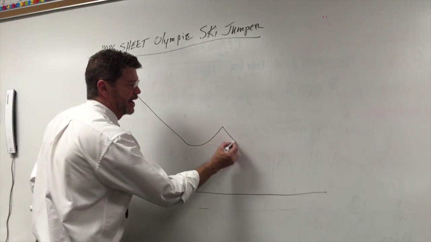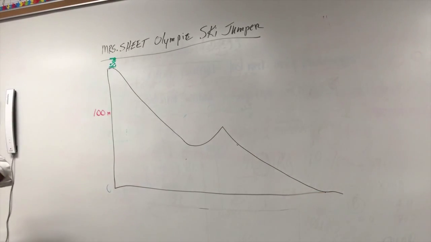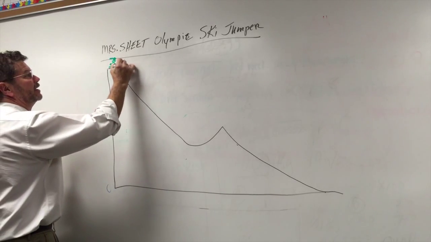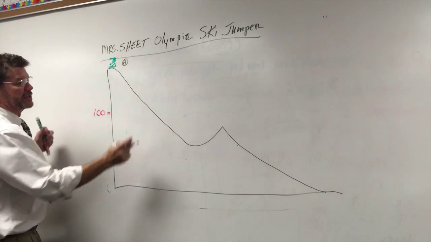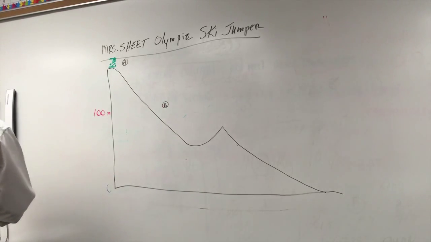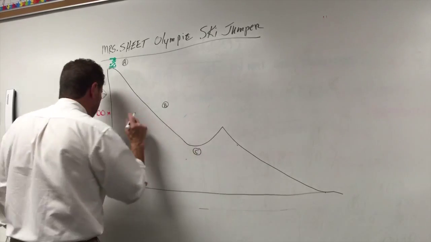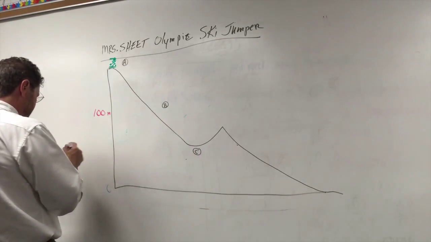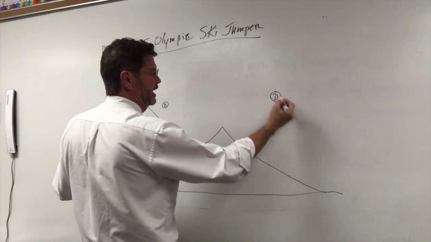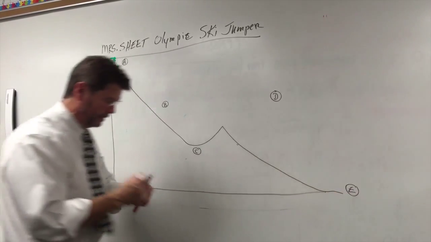And then the track goes on down like this. Okay, so she's up here, right here. We'll call this A, all right? She's flying down here about B. Okay, got that? At the low point right here, we'll call this C. She goes flying off, and she ends up way over here, which is D, and then she ends up over here at E. Got that?